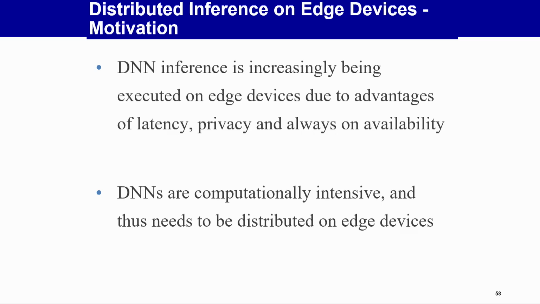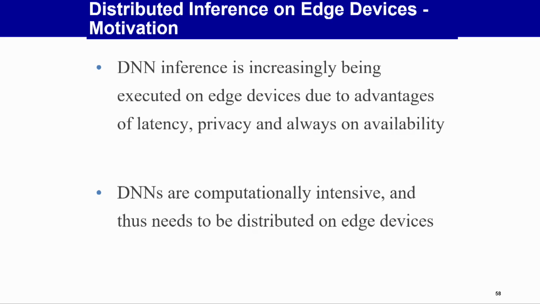So that's one advantage, and DNNs are also computationally intensive. If you take a very small device, maybe you cannot fit the whole model. That is why we try to distribute on edge devices. For example, if there is a big DNN model, maybe it cannot fit on my phone.